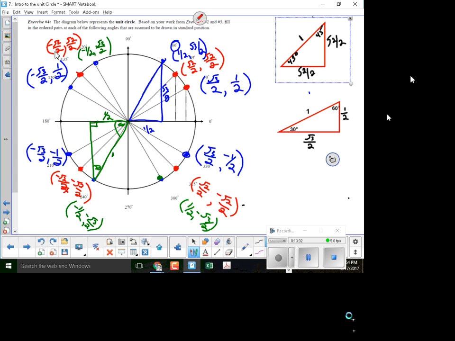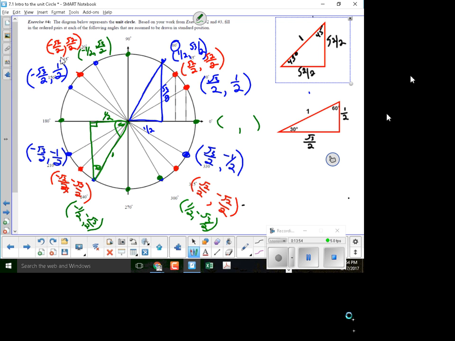Now the last points it asks you to fill in are the quadrant boundaries. So now remember it's the unit circle.